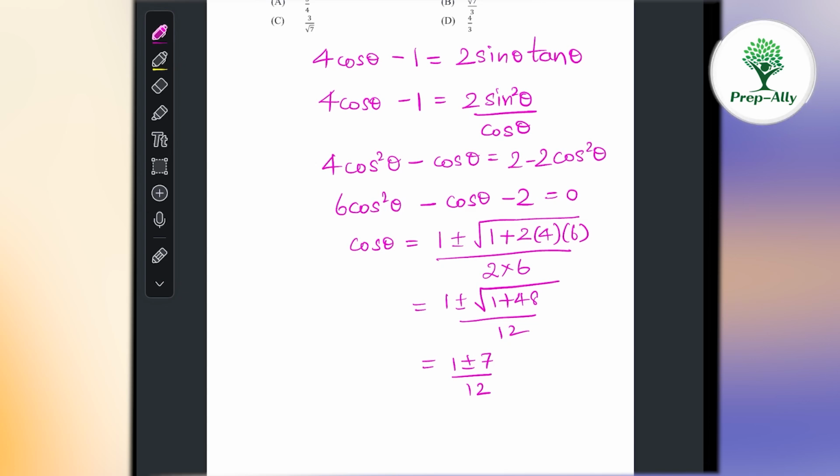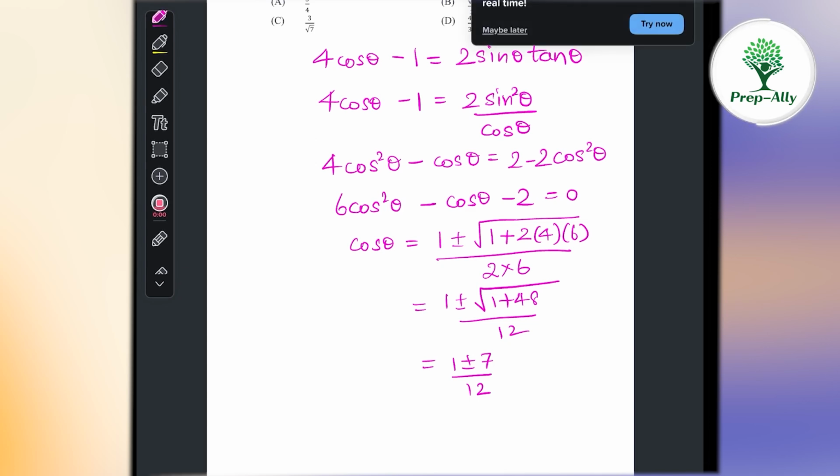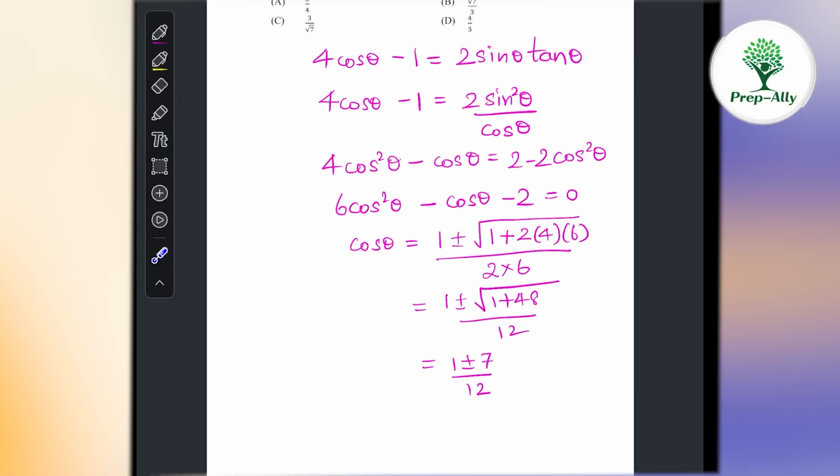And we've been given that cos theta is greater than or equal to 0, so we'll ignore the negative sign here. So cos theta equals 1 plus 7 by 12, which is 8 by 12 or 2 by 3.